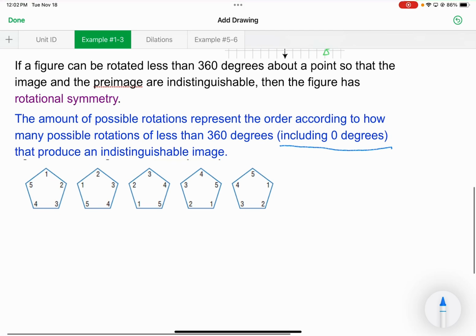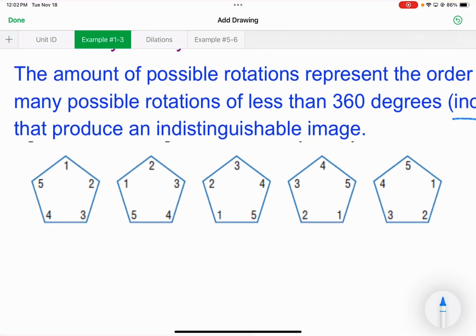All right, so for example, what type of shape is this? It's a pentagon.